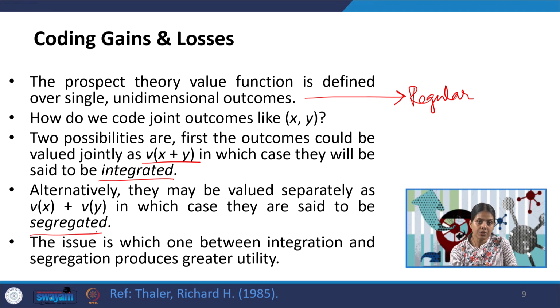The issue is which one between integration and segregation produces greater utility. Now, again we will see that this is very much contextual. There is no uniform rule that we should always integrate or we should always segregate. We would be integrating or segregating depending on context, but of course, on that basis we can always come up with certain rules. We will be talking about them in the next.